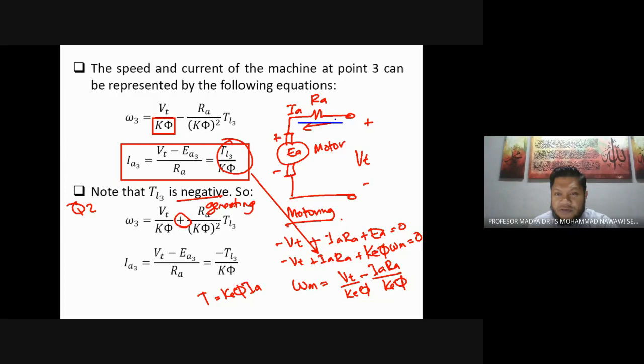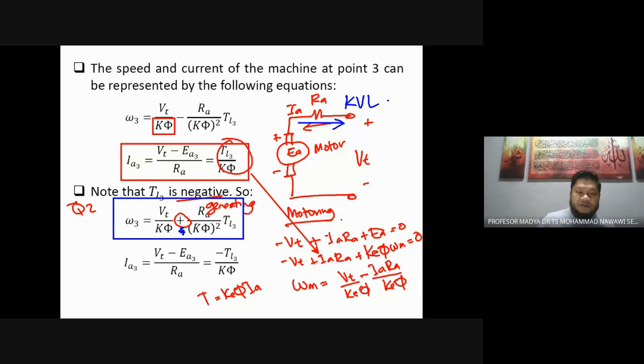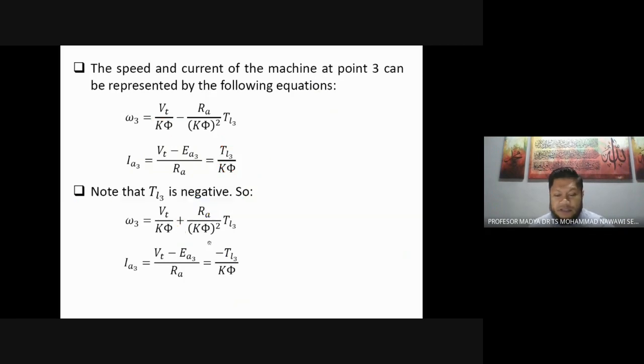Your current is now in that direction. Take that KVL and you're going to have this equation, positive instead of negative. So IA equals VT minus EA. That's the equation for regenerative.